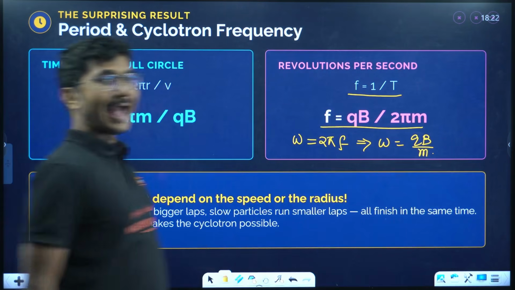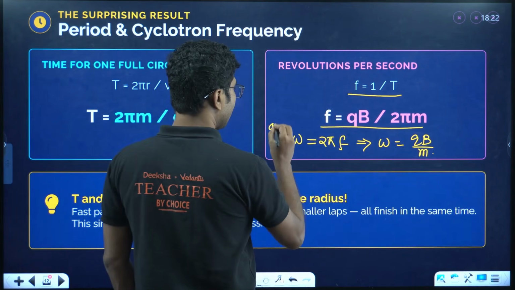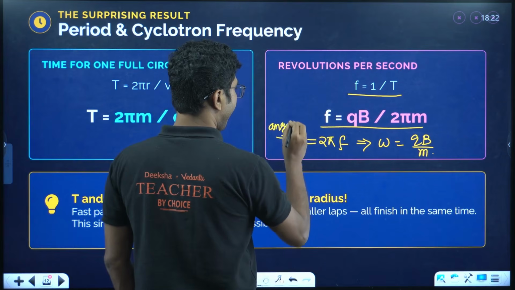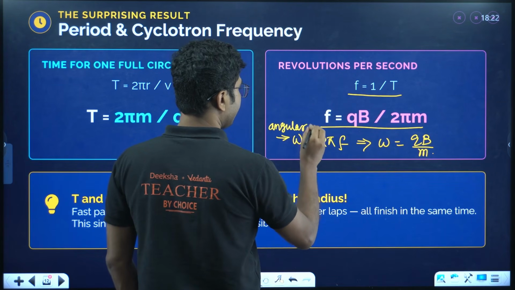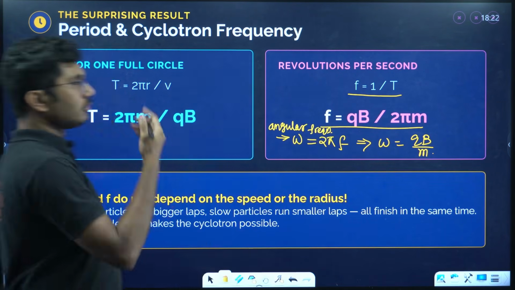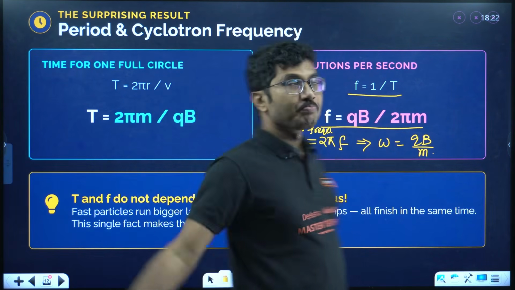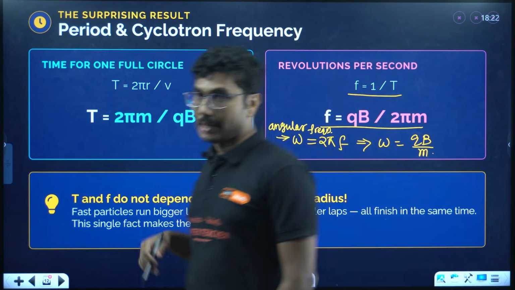This is called the angular frequency. The normal frequency of revolution is qB by 2 pi m. The time period is 2 pi m by qB.